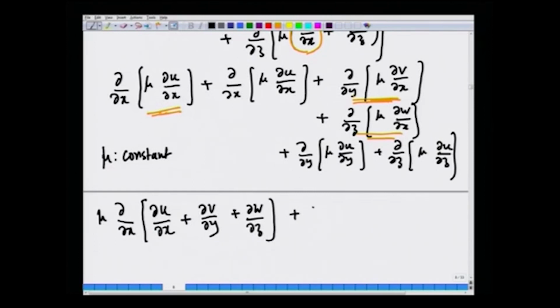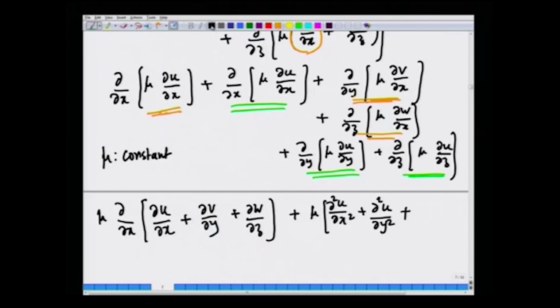plus mu, then you can write this term as partial squared u partial x squared, this term as partial squared u partial y squared plus this term as partial squared u partial z squared.